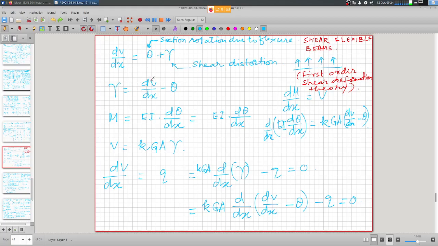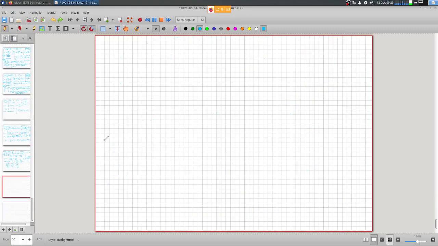So shear strain is equal to dV by dx minus theta. So in case of a slender beam, where actually shear deformations are negligible, I need to set this equal to 0, that is the condition for the limiting case of negligible shear deformation, right? So let us see what do I have here.